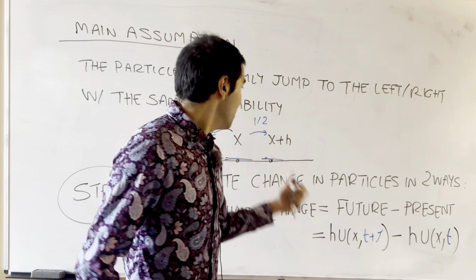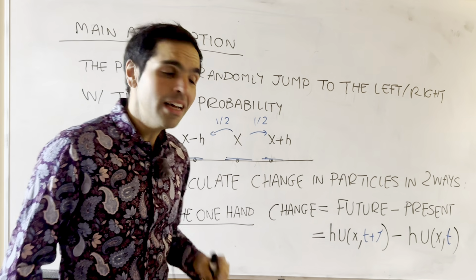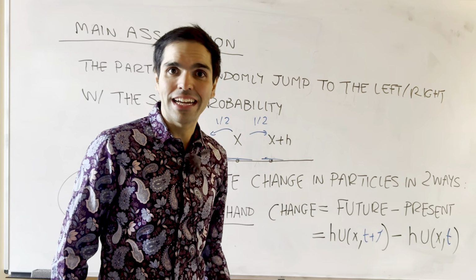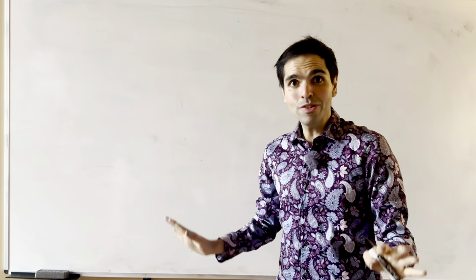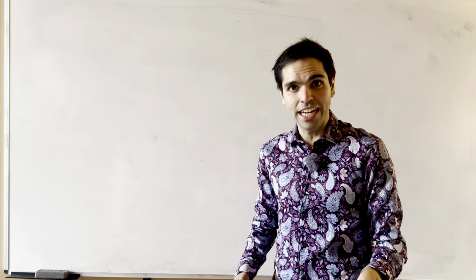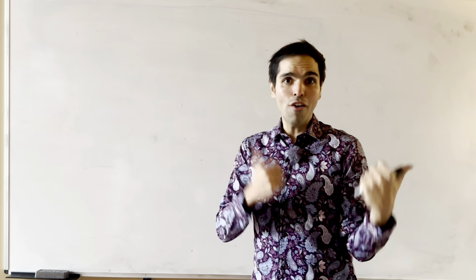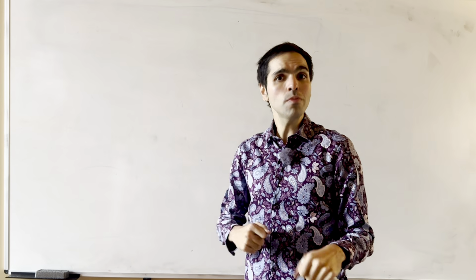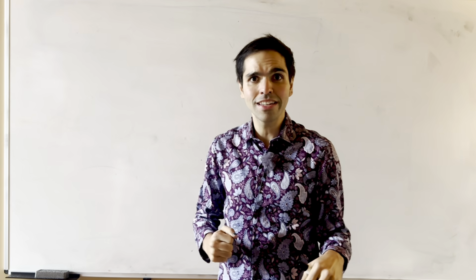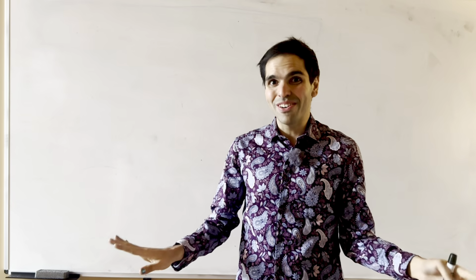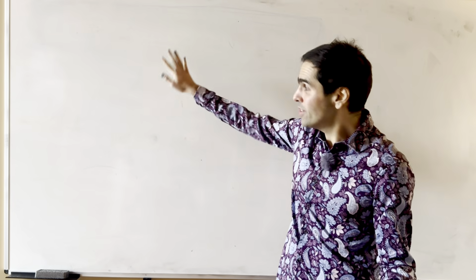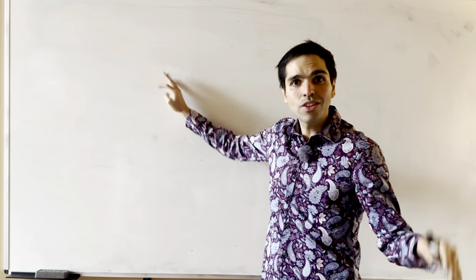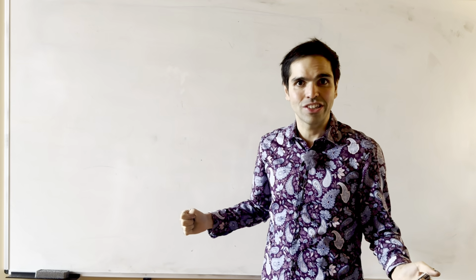And now, using our main assumption, let's figure out what happens actually during that time. So just to recap, we want to figure out the change in the number of particles. Of course, one way is to say it's the number of particles in the future minus the number of particles in the present, but it tells us nothing about what's actually happening. So now we want to calculate the change in a different way to really reflect the dynamics of the situation.